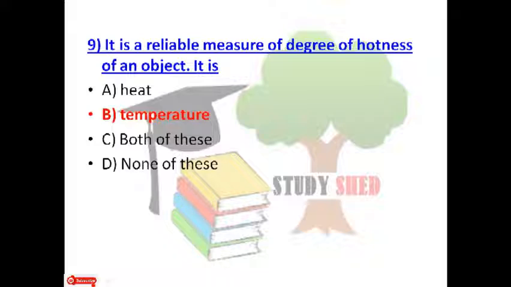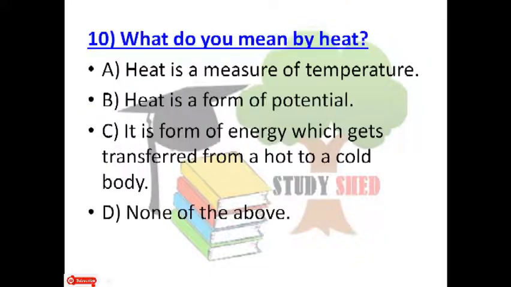The last question will be super easy for everyone. So let us see the question. What do you mean by heat? Now everyone must start laughing right now because after solving such questions, I give you a very easy one. But still, this is an easy one for all of you. What do you mean by heat? Let us go through the options.